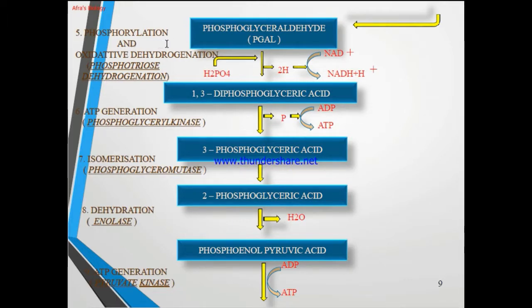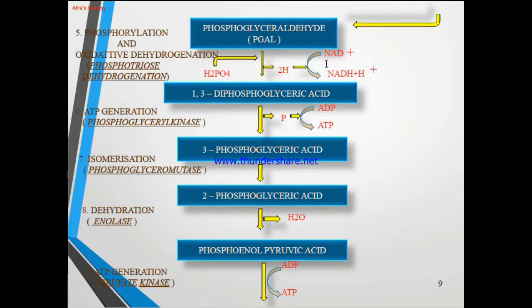Now phosphoglyceraldehyde is further processed. This phase is also called oxidative dehydrogenation, with the enzyme we call phosphotriose dehydrogenase. In this process, phosphoglyceraldehyde is converted into 1,3-diphosphoglyceraldehyde.